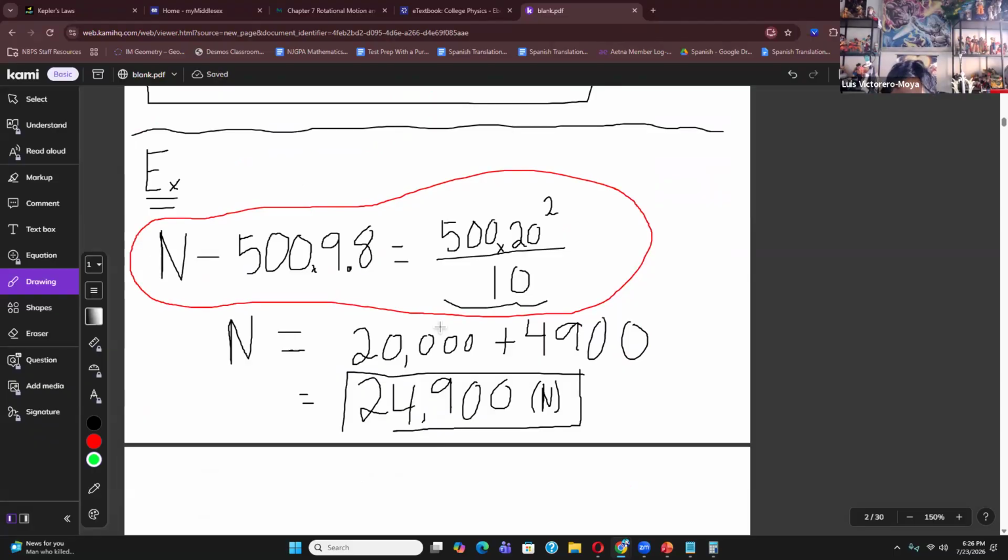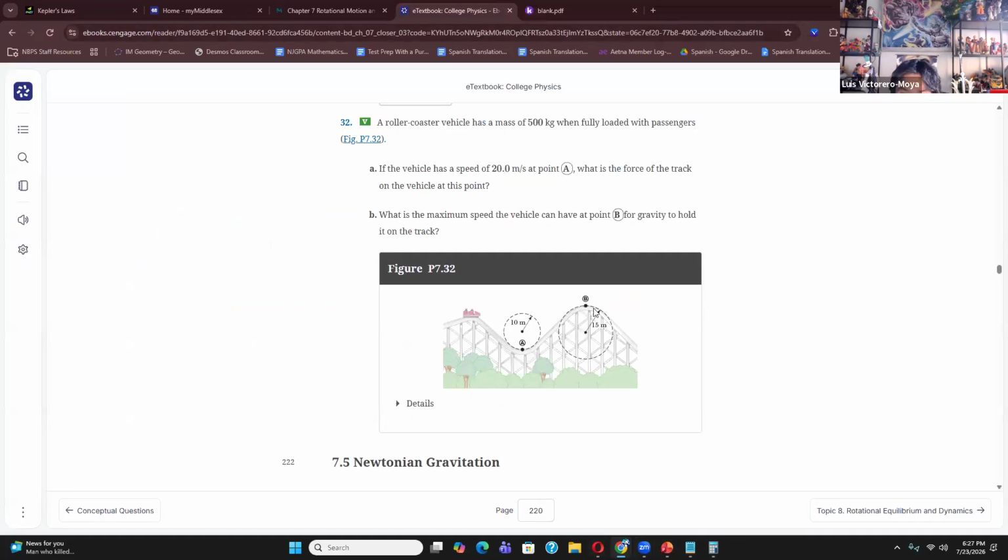Now the roller coaster continues, right? And then it's going to reach point B. And they're asking you, what is the maximum speed so the vehicle keeps moving around the loop? Here, when the radius is now 15.